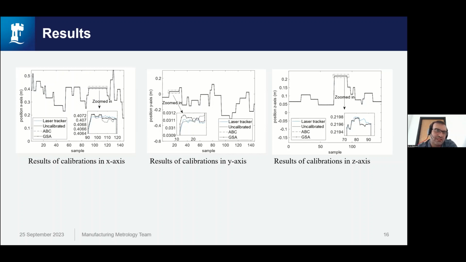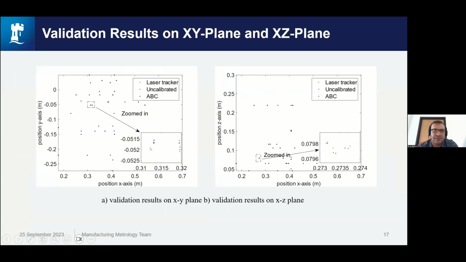They are the position values as obtained using the manufacturer given parameters. Of course, these manufacturer given parameters are correct for all robots manufactured by Universal Robots, but in the case of our specific industrial robot, there is a calibration which we have done using the ABC algorithm as well as the gravitational search algorithm, which we can see is much closer to the blue line given by the laser tracker than the uncalibrated version.